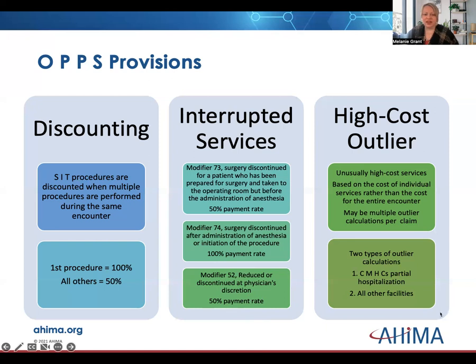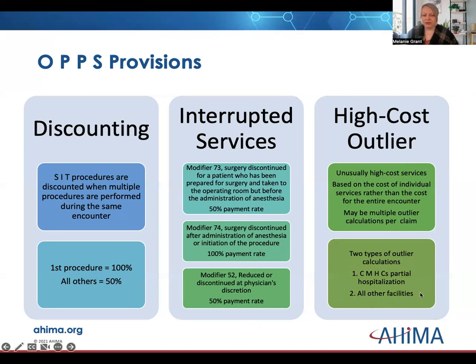The other thing that we have under OPPS provisions are high cost outliers. This is when you really just have something that was unusual and beyond the typical services that are included and described in the procedure itself. This is usually going to require a special report or have something very unique for that provision.